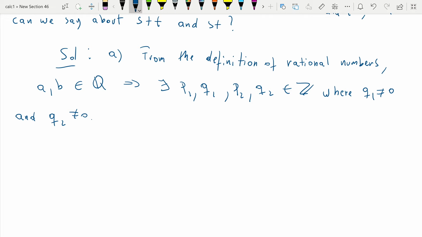Once you do that, of course it's going to be true, because I'm adding fractions, so I'm going to get another fraction where both numerator and denominator are integers.